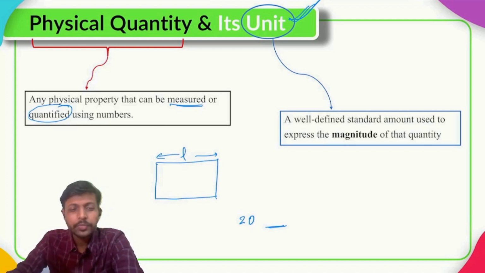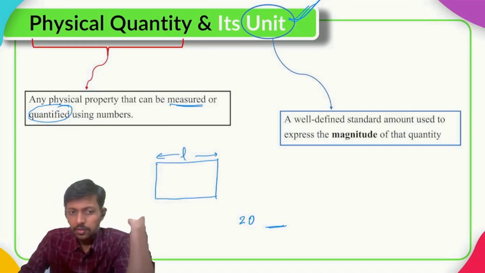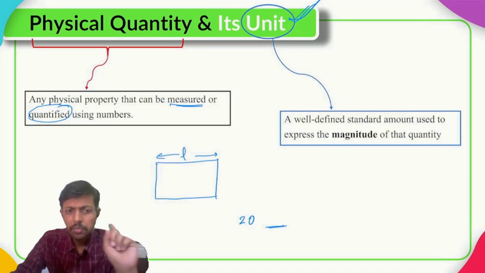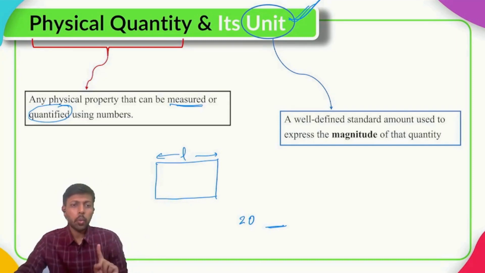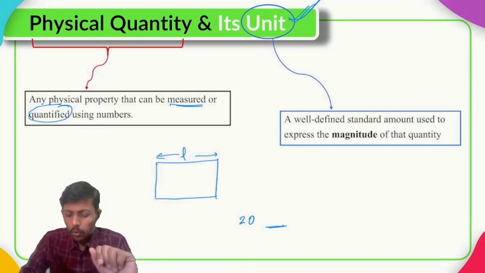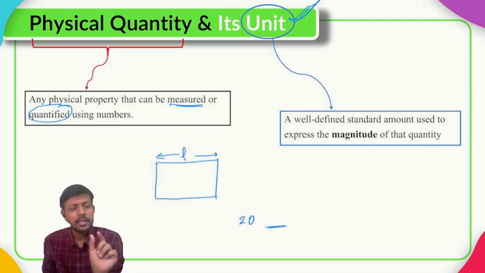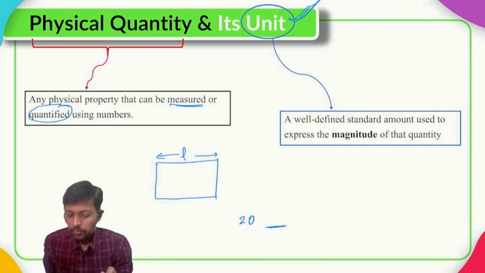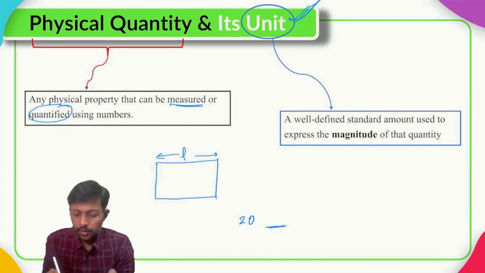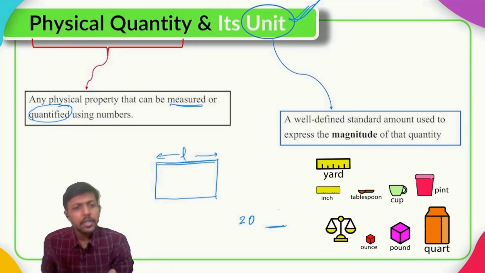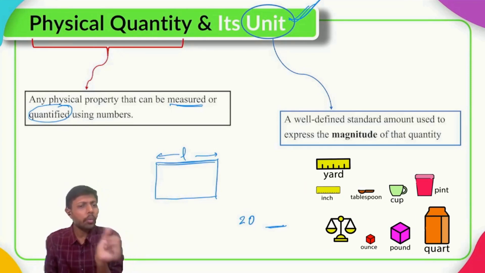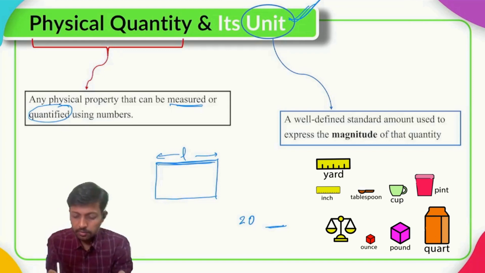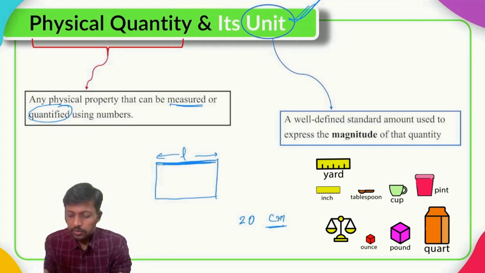This is the next thing we're going to see. What is a unit? Now, a unit in simple English means one. So, what is the smallest measure we are using to quantify this length? If we're considering how many centimeters there are, this can be, let's say, 20 centimeters.